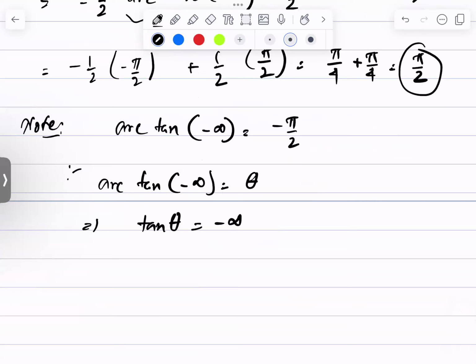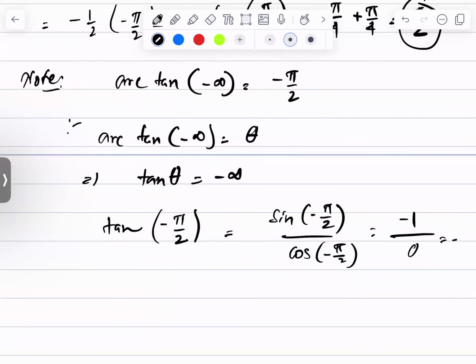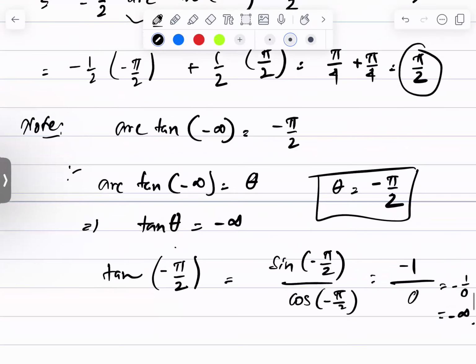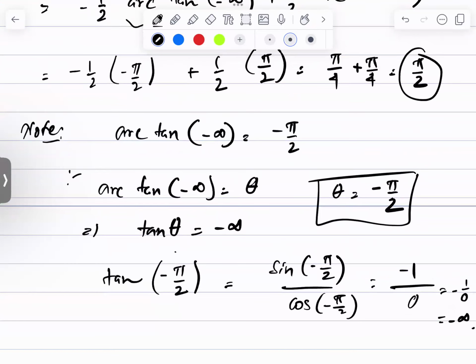When tan theta is negative infinity, I can easily guess that tan of minus pi by 2 is sine of minus pi by 2 over cosine of minus pi by 2. Sine of minus pi by 2 is negative 1, and cosine of minus pi by 2 is 0. This is negative 1 over 0, which is negative infinity. So therefore, this is true, and theta is minus pi over 2. This is how you guess what arctan of negative infinity will be.